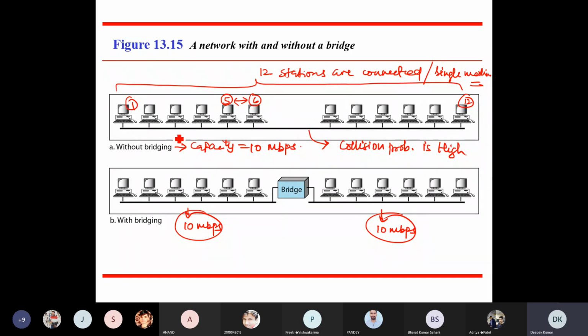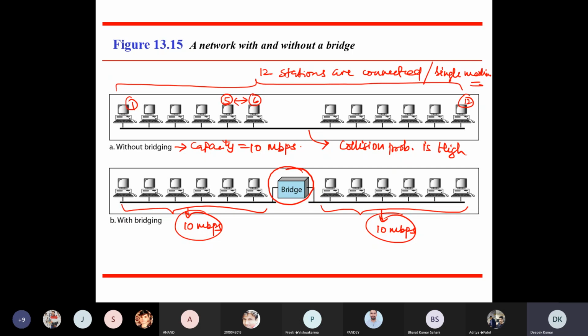But suppose this connection is modified like this: 6 nodes are connected through a single medium and 6 others are connected through another medium, and both groups are connected through this bridge network.